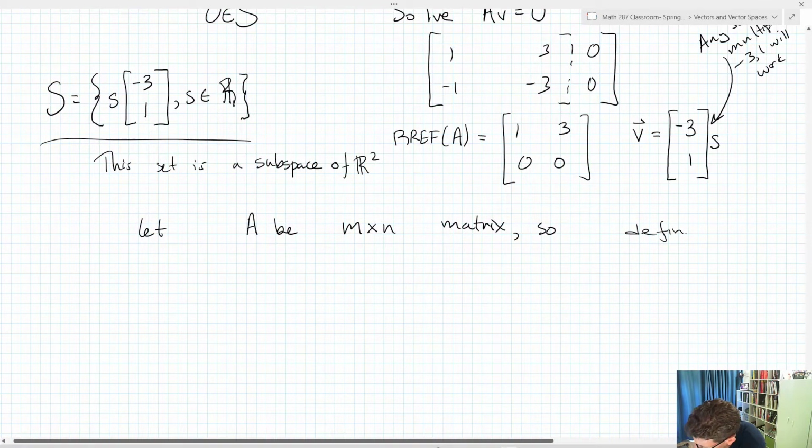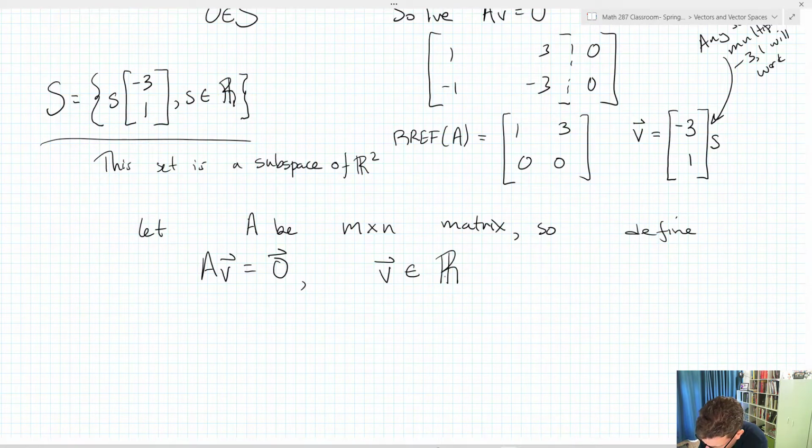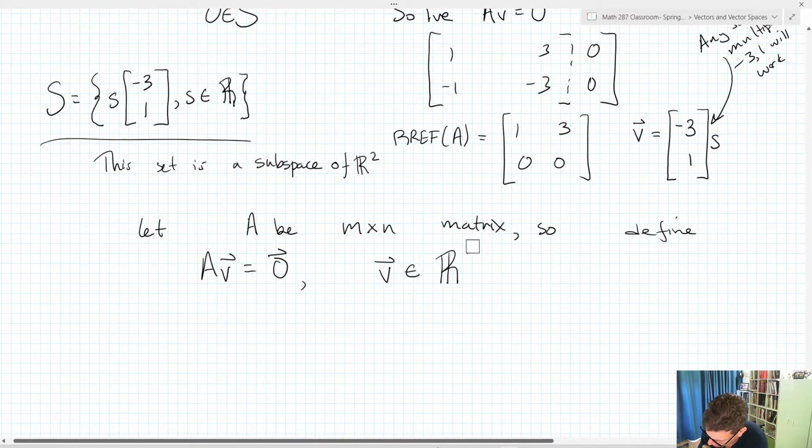Define AV equal to 0. And so V is going to belong to Rn, and 0 belongs to Rm.